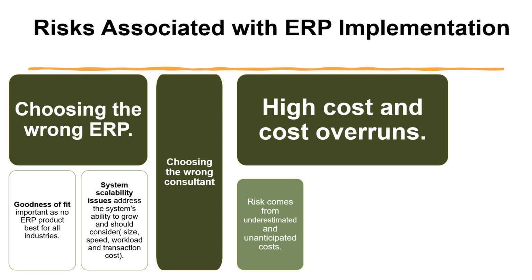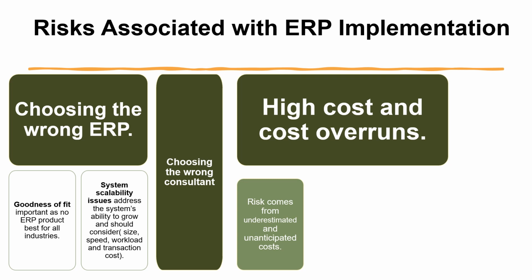So risk comes from underestimated and unanticipated cost. If you underestimate how much you should spend on implementing the ARB system, you come to the middle of the road, then you say, oh, this is very costly, I should stop.